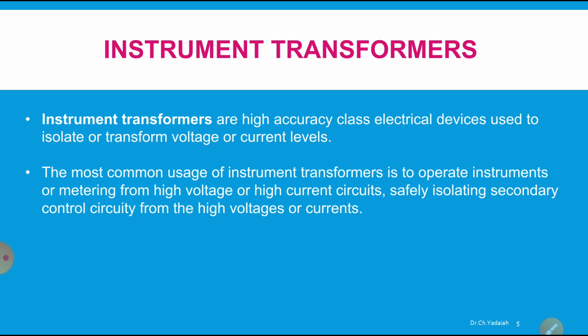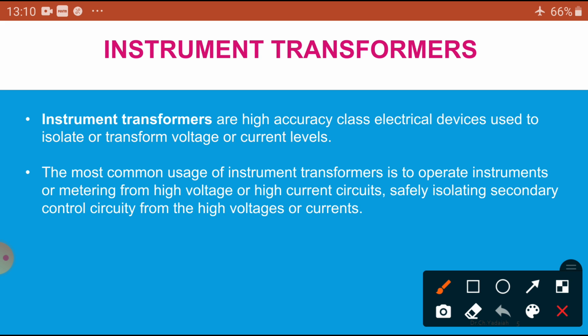The most common usage of instrument transformers is to operate instruments or metering from high voltage and high current circuits, safely isolating the secondary control circuit from the high voltage or currents. What is the meaning? Here there is one tower.